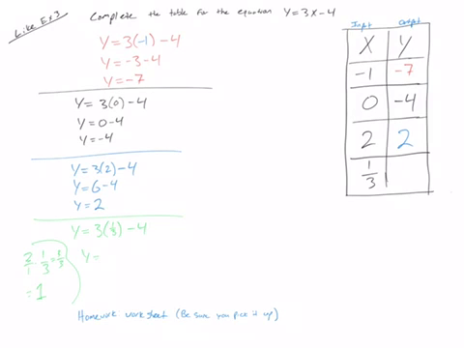So I have y is equal to 1 minus 4. 1 minus 4, opposite sign, so I subtract 3, but the 4 is the negative, is the bigger one, so I'm going to say -3. And there I have completed my table for the output values that correspond to each input value for the given equation.